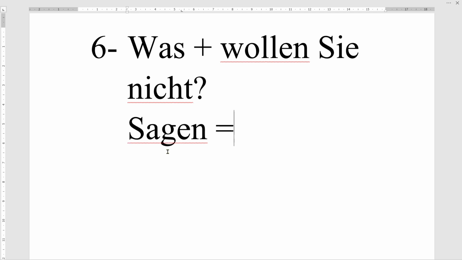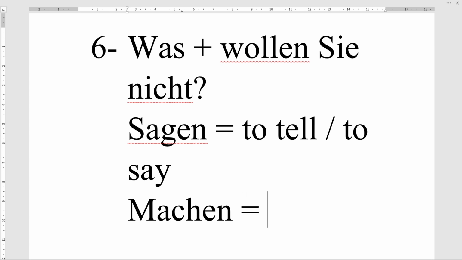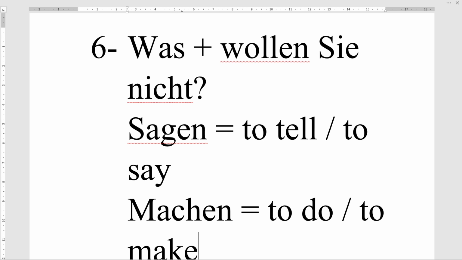You understand the difference between to tell and to say, and I'm not going to delve into that. Here, again, the German keyboard. Sorry, guys. And the next verb would be machen, which I said before. So machen means basically to do or even to make.